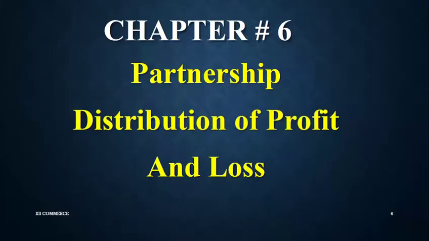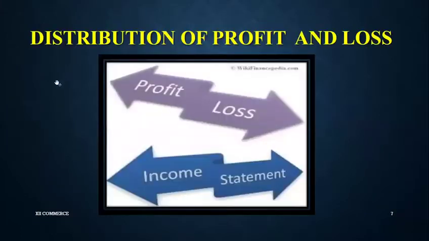Okay, now I proceed towards this picture. This picture gives us a view where we have the income statement. The income statement gives us two ways: it can be a profit, or it can be a loss. Basically, we plan for the business to earn profit, for the generation of fruitful profit.